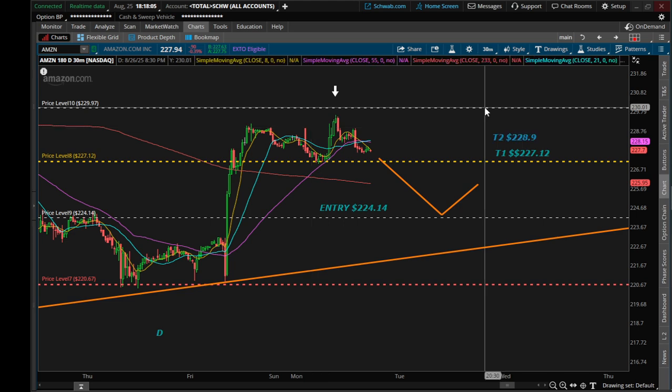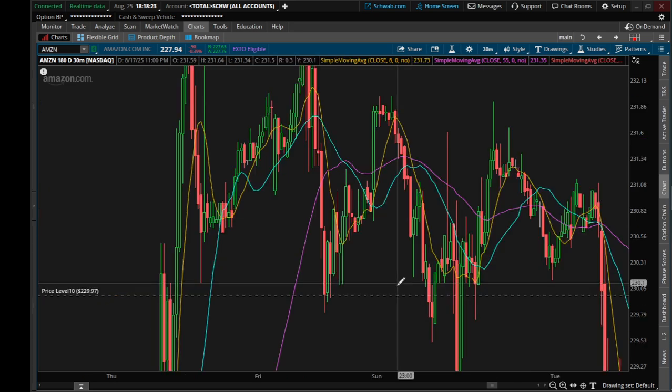And then target 3 is going to be at this price level. So let's make sure that we got that price level pretty secure here. I think I can move it up.